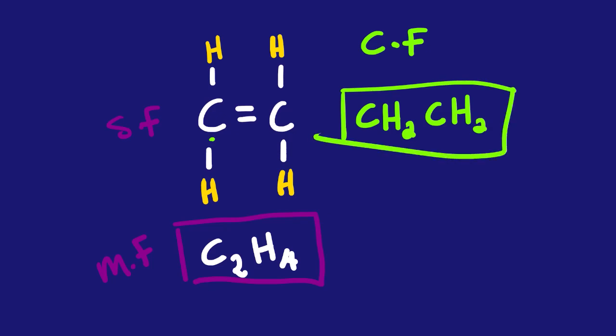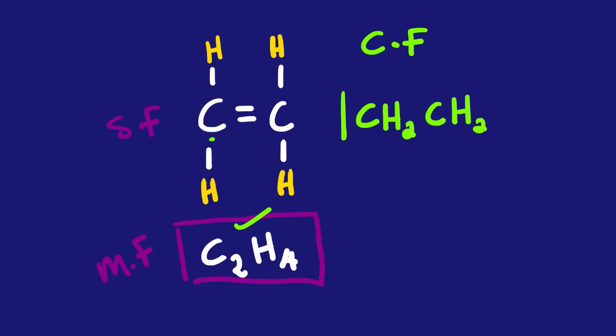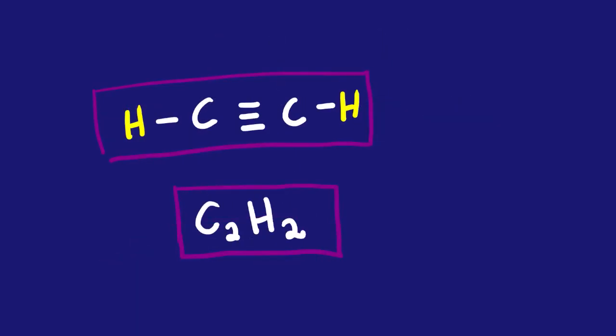This is a condensed formula, and then this is a molecular formula. It is simple. Let us look at the next one. Looking at the condensed formula for this one, we're going to have CH, CH.